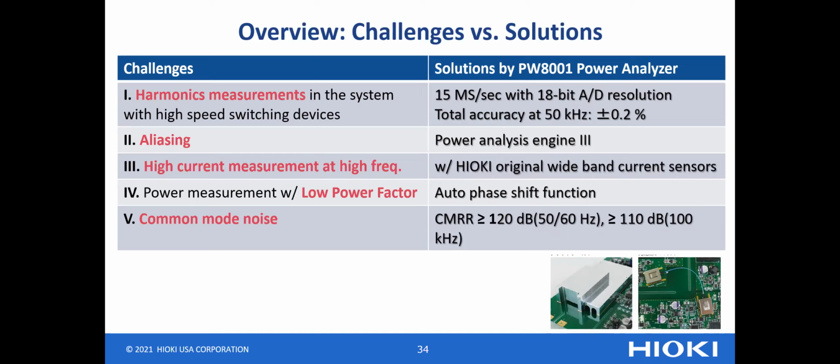For aliasing, it's essential to use power analyzers with a high sampling rate. However, we cannot avoid high frequency components being input to the meter, so the power analysis engine 3 has an anti-aliasing filter to eliminate unnecessary high frequency components.